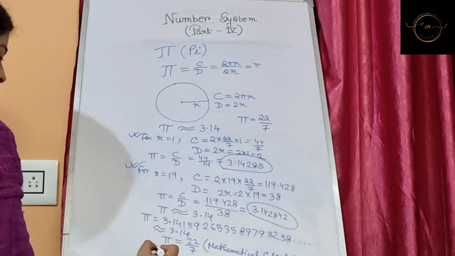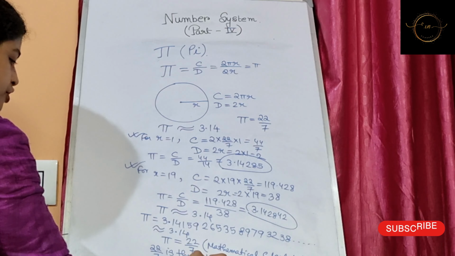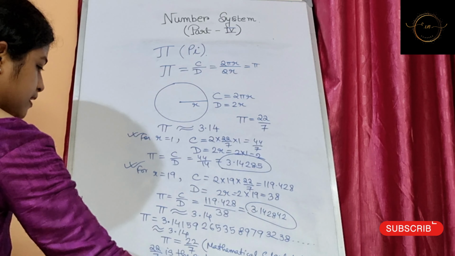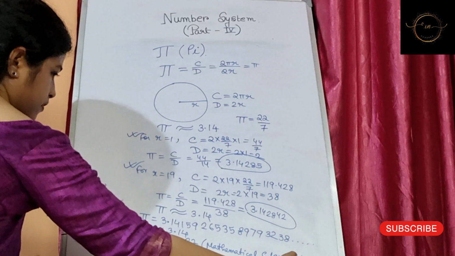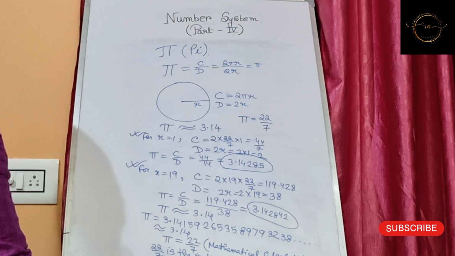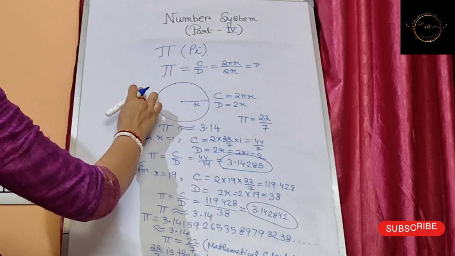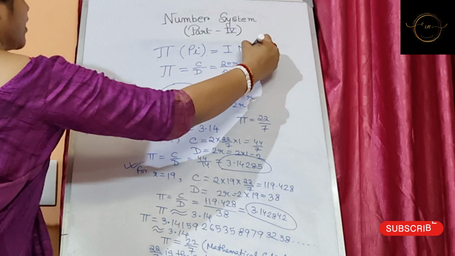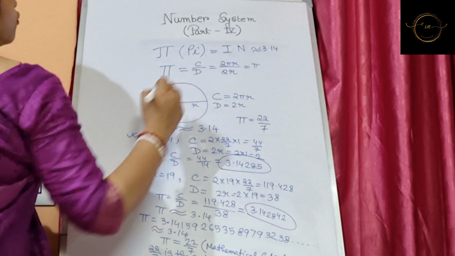So 22 by 7 is the rational representation of pi. So pi is actually an irrational number, because its value is only approximated as 3.14.